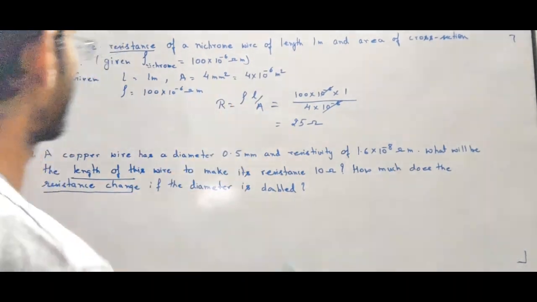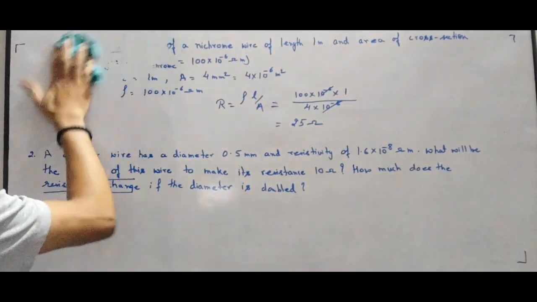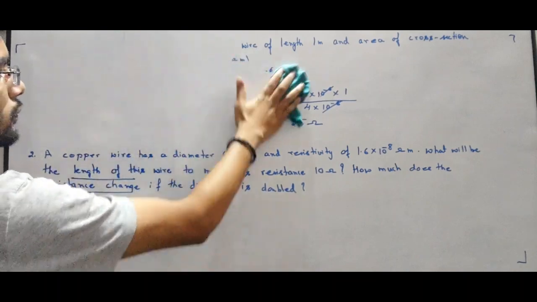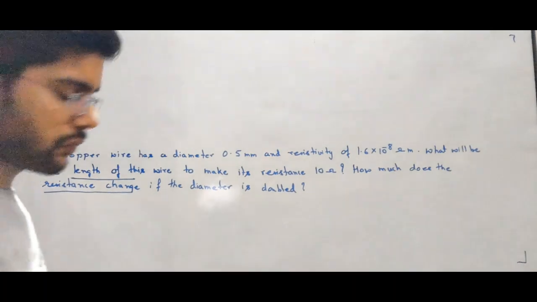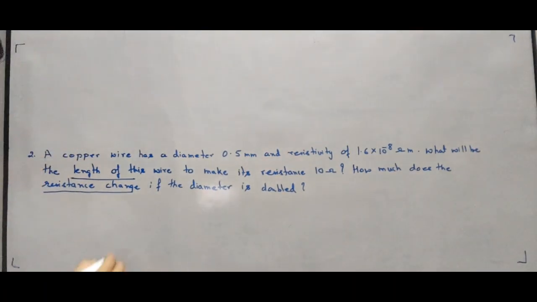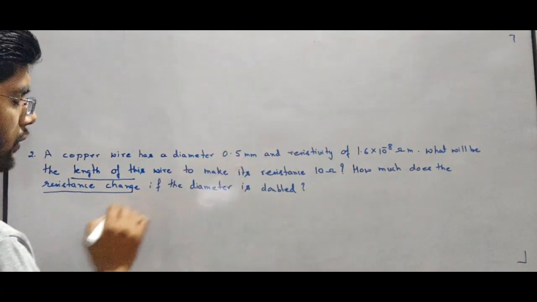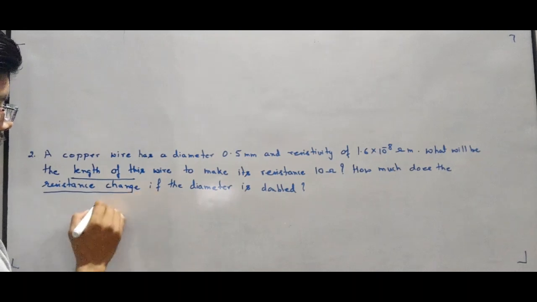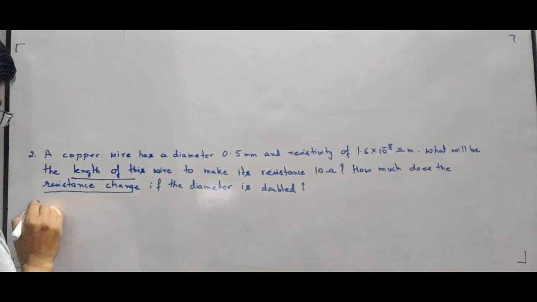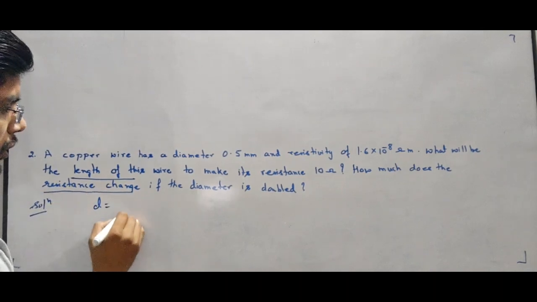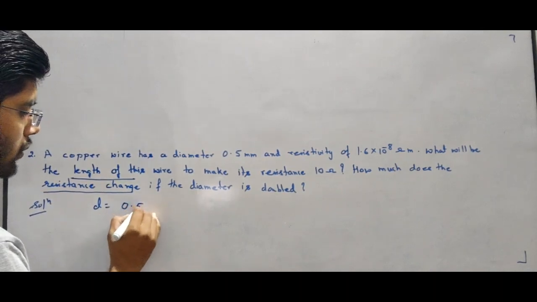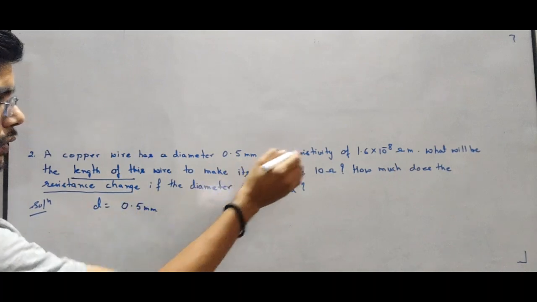Okay, I am erasing it. So very first write the data. Resistivity, diameter. So solution: diameter is equal to 0.5 mm.